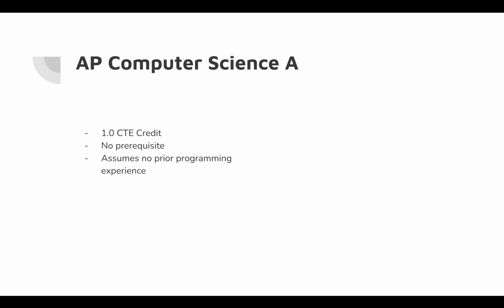We start at the beginning of the year with the basics: this is a variable, this is a print command, this is a method, this is a function, and we put the pieces together. It is college level rigor. There's daily homework, there are 3 large projects throughout the year, and there are quarterly exams. We take the AP exam in May.